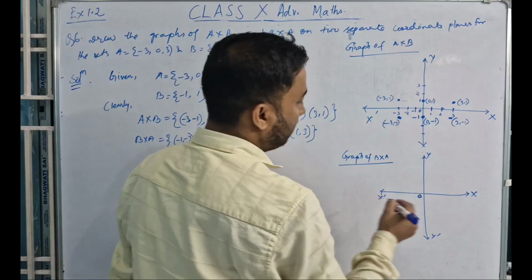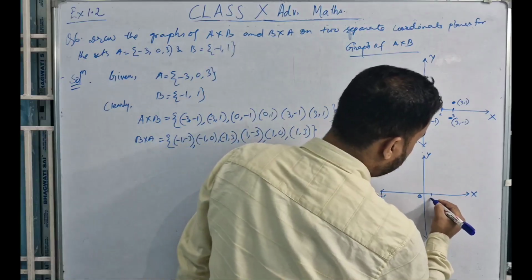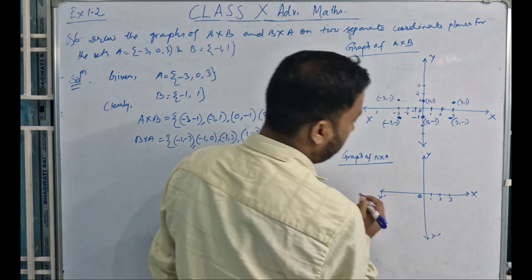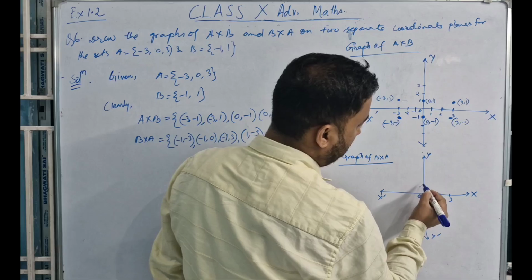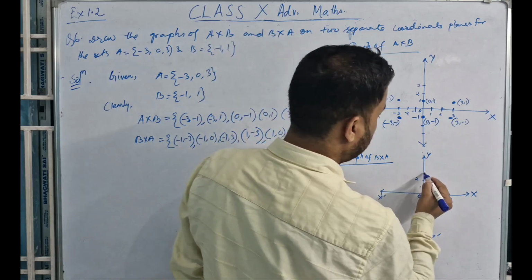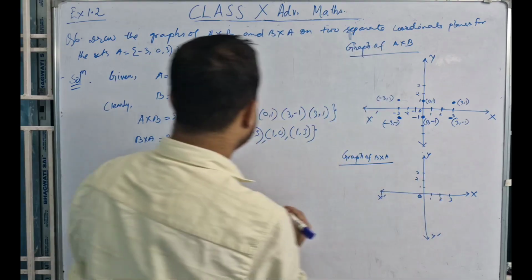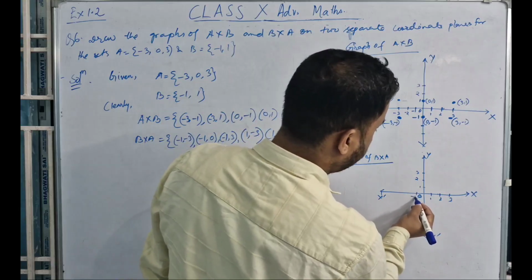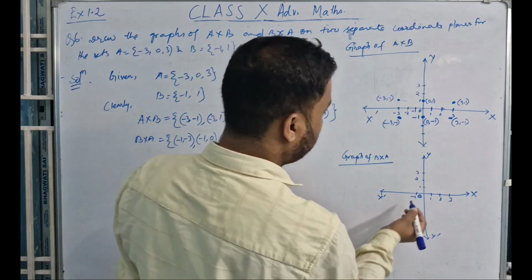Here also we have to take the values 1, 2, 3, 1, 2, 3. In the left hand side value is minus 1. Right?